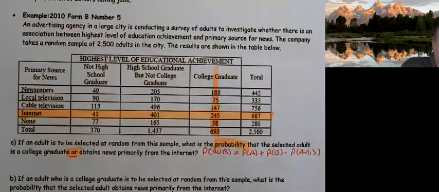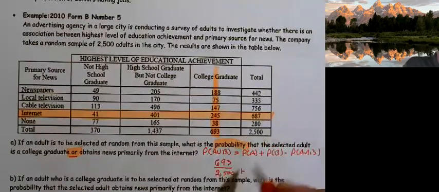All right. Well, if we say A is the probability of a college graduate, we're going to end up with 693 over 2,500. The probability of internet is 687 over 2,500 minus, and this is what was tricky, the intersection, 245 over 2,500.